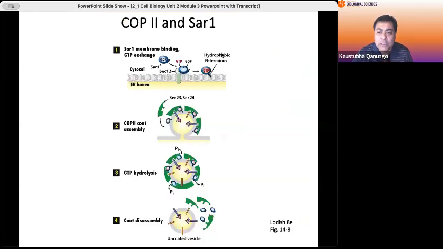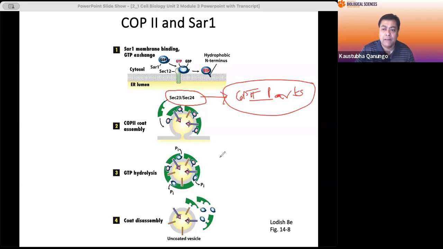So the first picture is the previous part, and see that SEC23 and SEC24 are parts of COP2, which are the mechanical force. Remember that we are still talking about the mechanical force. So these are the proteins, SAR1, which is inserted into the membrane. This is your ER membrane.